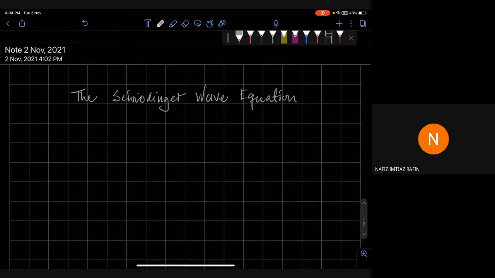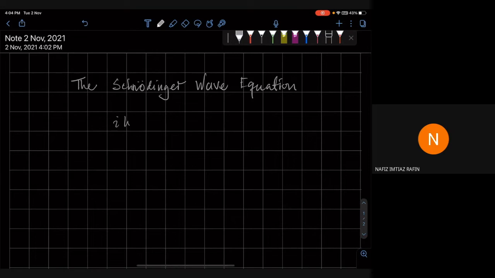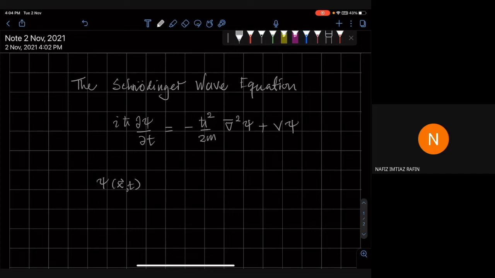It's a complex equation: i h bar dψ/dt is equal to minus h bar squared by 2m del squared, which is the Laplacian, ψ, plus the potential times ψ. Okay, so ψ is a complex wave function, and it is a function of space and time. So it's called the wave function.